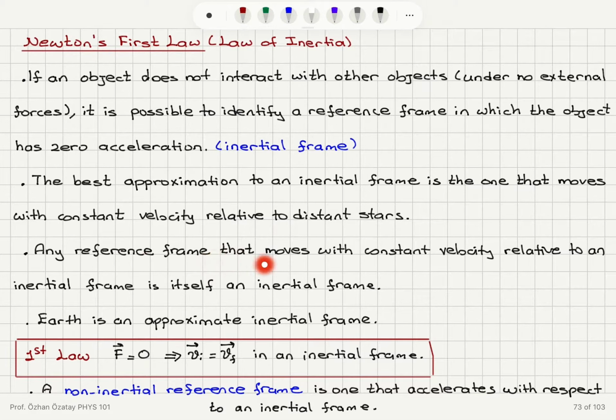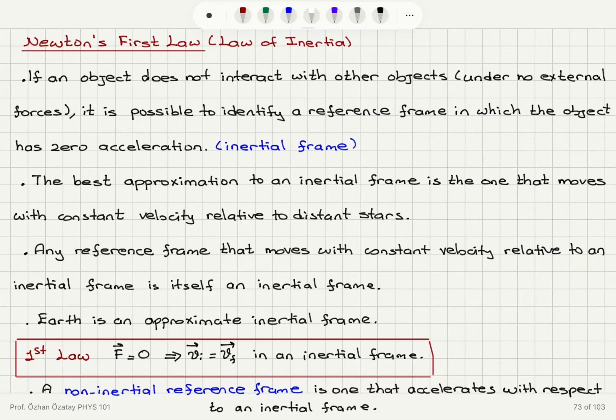Any reference frame that moves with constant velocity relative to an inertial reference frame is itself an inertial reference frame, because using our Galilean transformation, if you remember, if we have a reference frame that moves with constant relative velocity with respect to another reference frame, then we're going to have this reference frame having a constant velocity with respect to distant stars as well, so it's going to be another inertial reference frame.